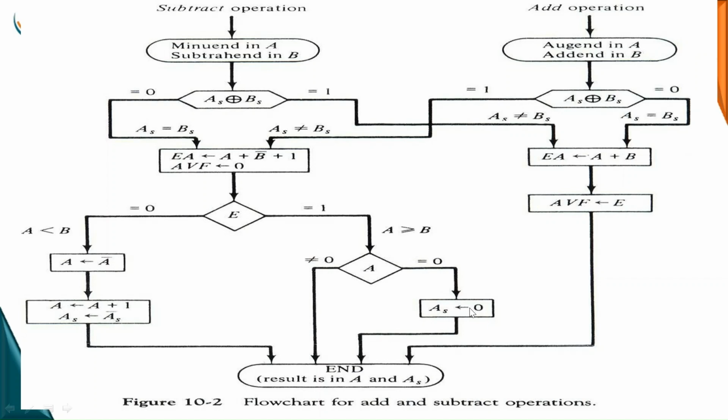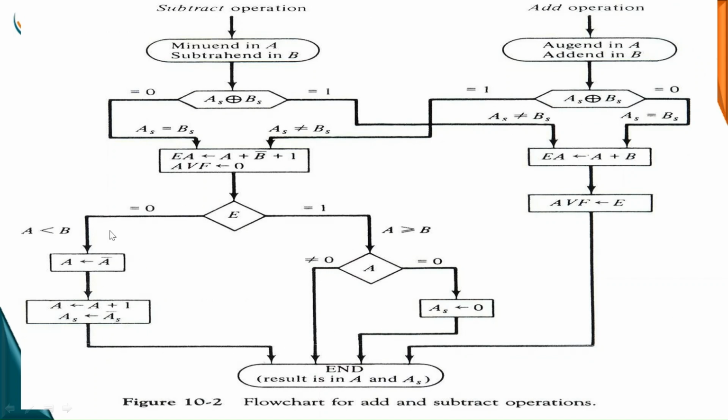For that, we make the sign bit of the result 0. If A is a non-zero value, meaning A is not equal to B, then we get a non-zero value in the result register A. In that case we need not do anything, as that is your actual result.